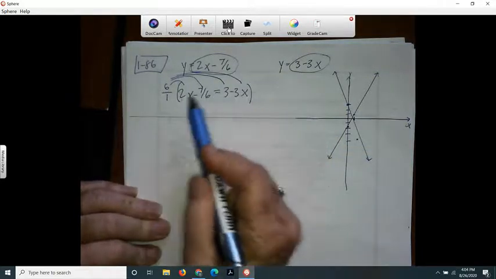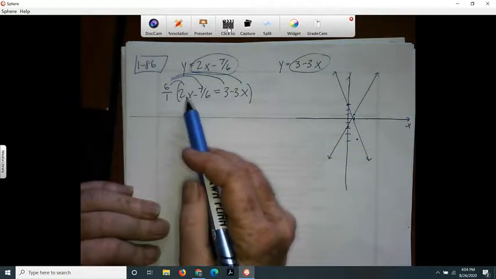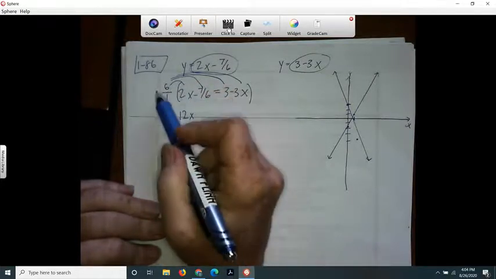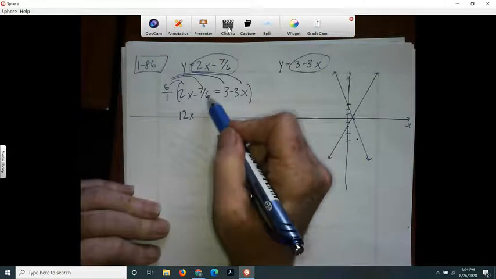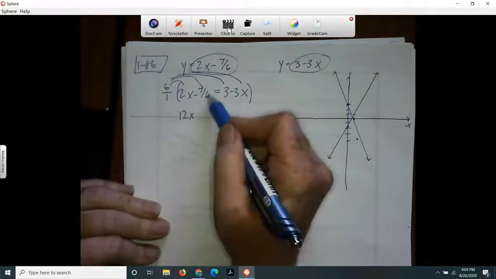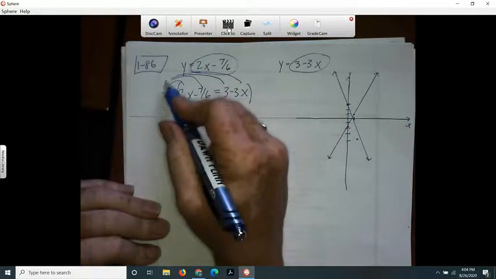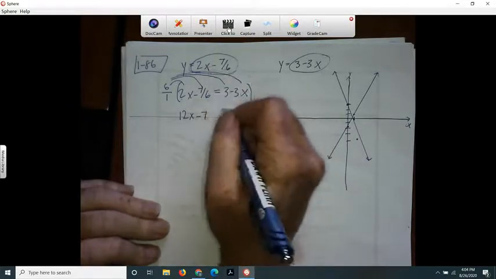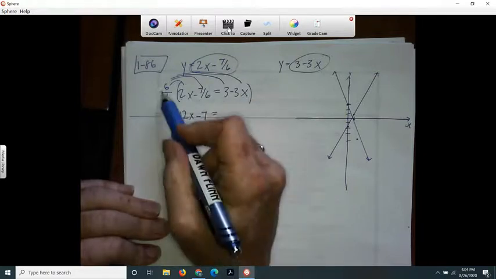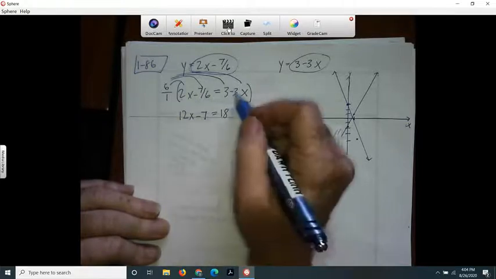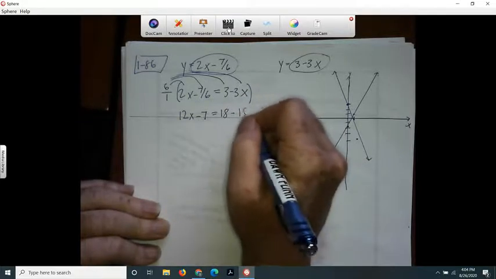So 6 times 2x is 12x. 6 times negative 7/6, I can do fraction math, and the 6's will cancel out, and I'll get negative 7. That's the whole reason I chose to multiply by 6 in the first place. 6 times 3 is 18. 6 times negative 3x is negative 18x. That just makes it easier to solve for x.